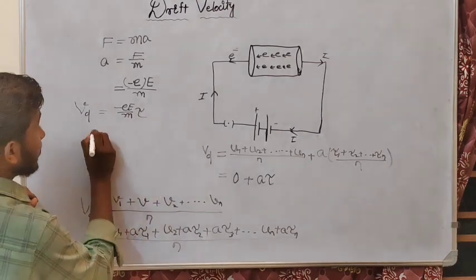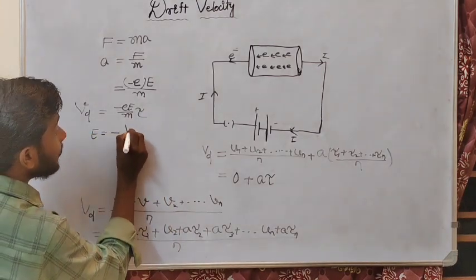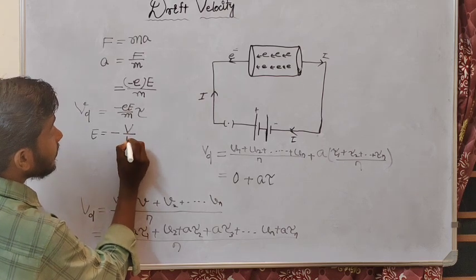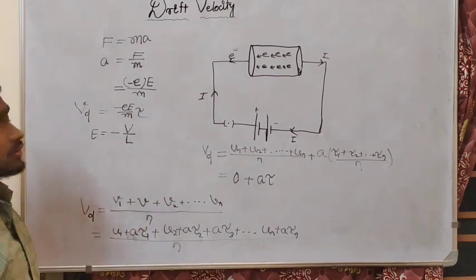And again, we know the electric field is equal to the negative of voltage by length of the conductor.